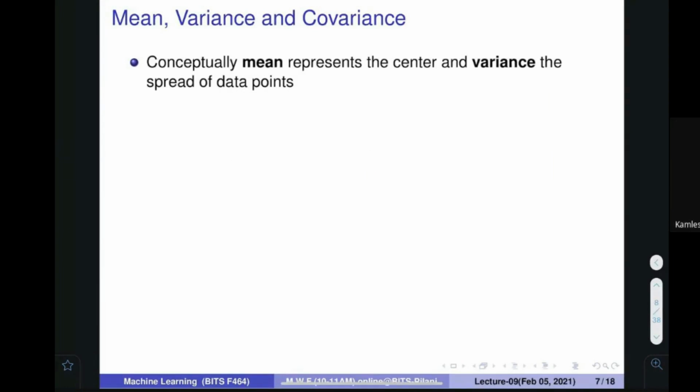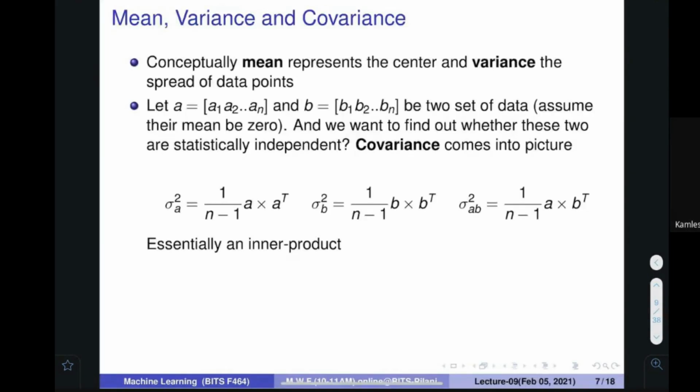Now I want to bring you to another part of this lecture. We want to talk about PCA, and you know what the mean, variance, and covariance are in the data. So if your data is there, you can find the variance of the data.